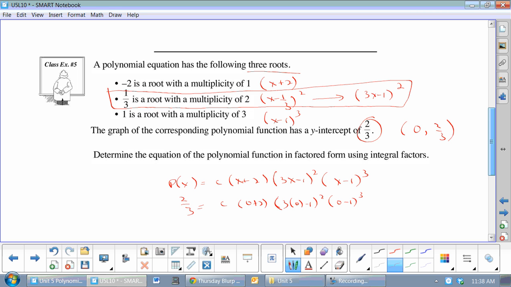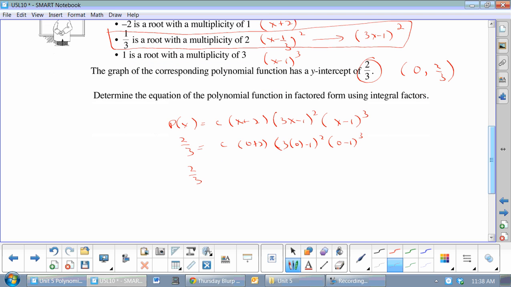Okay, so 2/3 equals c times 2, 3 times 0 is 0, minus 1 is negative 1. Negative 1 squared is 1, and 0 minus 1 is negative 1. What's negative 1 cubed? Negative 1.